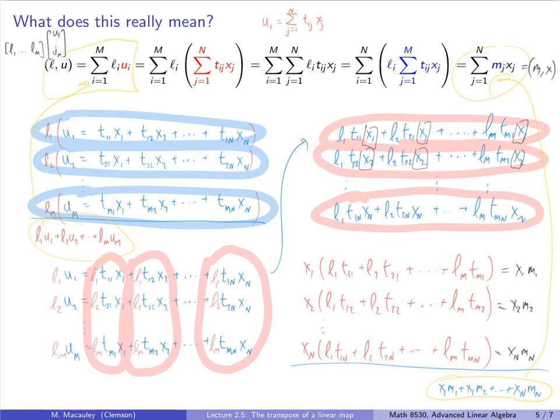Now, the one thing I want to leave you with is thinking of this in terms of matrices and columns and rows. So this grid here of numbers, just the T's, I want you to think of as the matrix T, something like this.